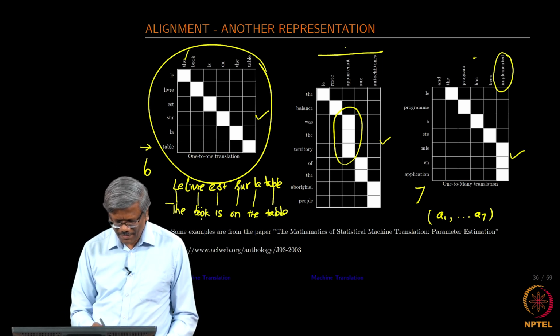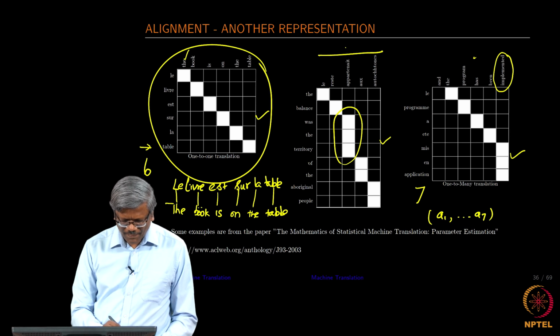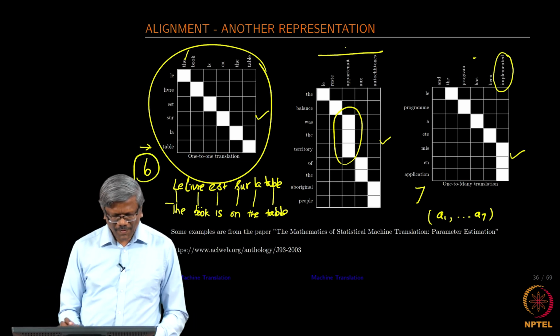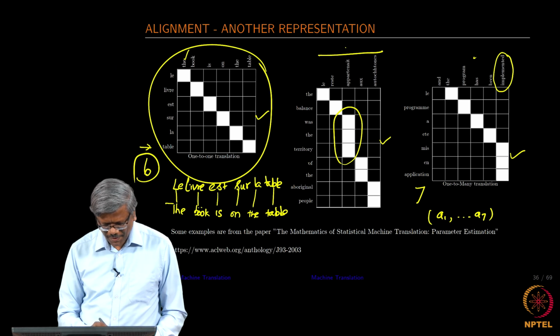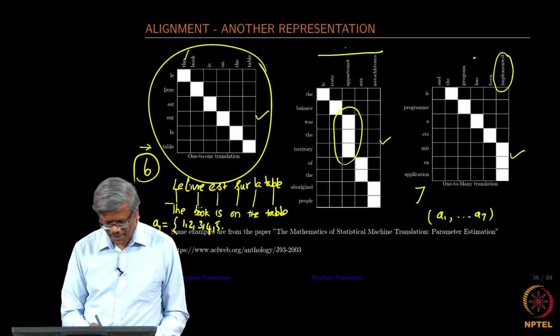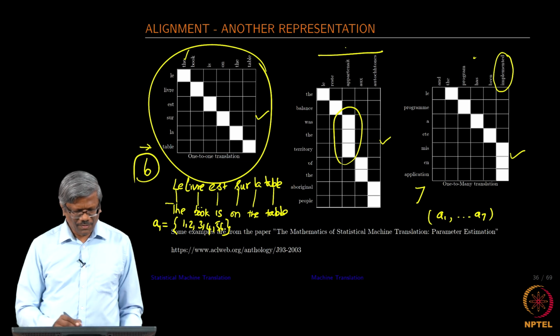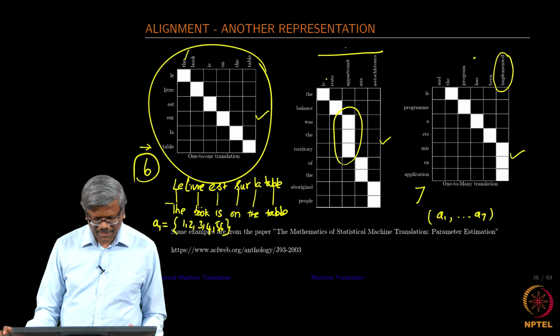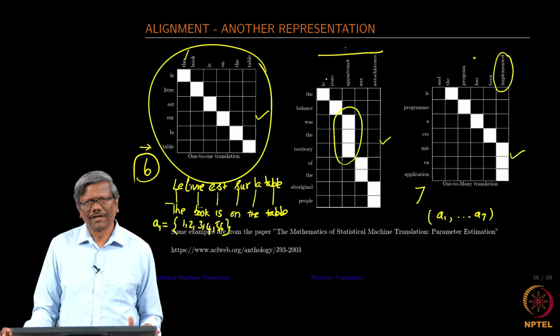We can write the alignment with respect to the English sentence and the number of words in French. Okay. So, this is going to be A1 equal to 1, 2, 3, 4, 5 and 6, very straightforward, correct. In this case we are going to have the alignment for English.